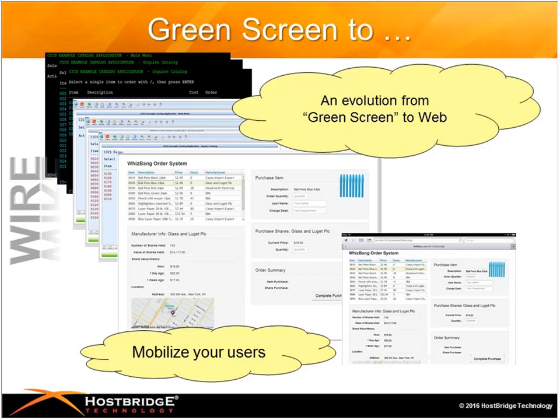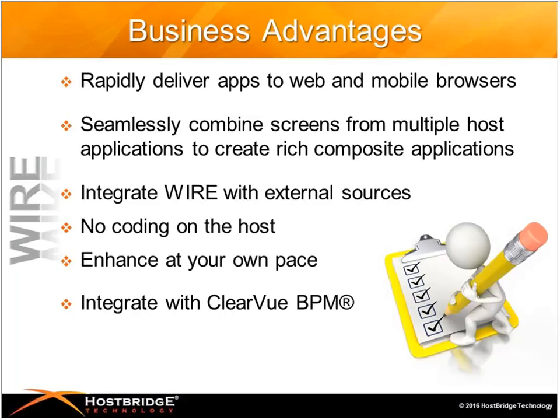What Wire allows you to do is initially just take all your green screens and make them available through a web browser, and then over time, as you'll see, you can start to modernize and enhance the functionality of those applications for your end users. Make them easier to use, simplify the screens, reduce the amount of time it takes to execute a transaction, and really modernize how that application is used in your enterprise.